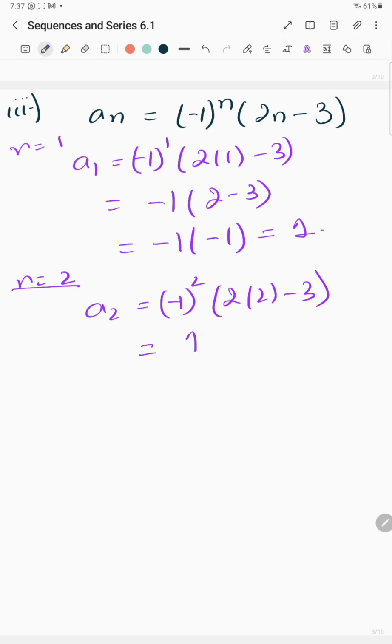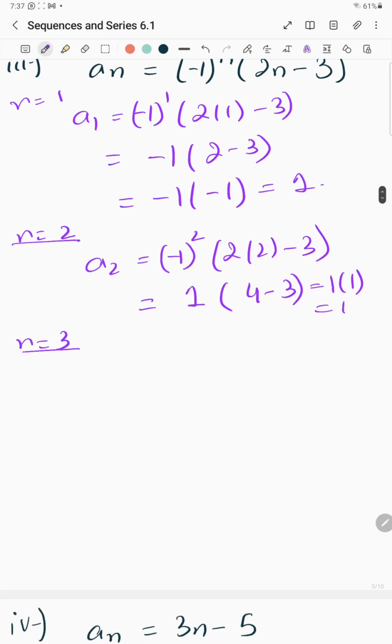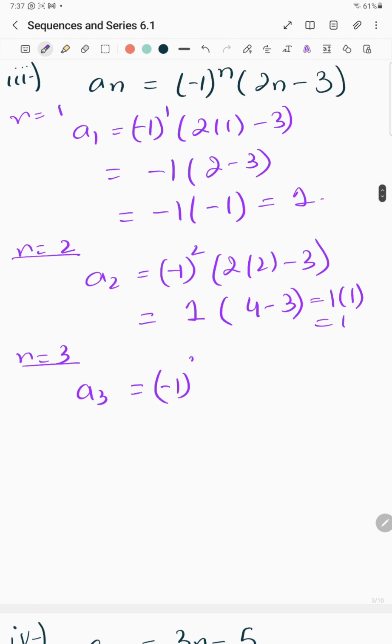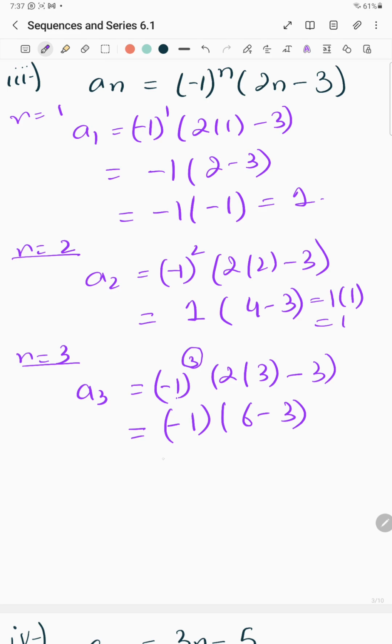For n is equal to 2, -1 square is 1. 4 minus 3, 1 into 1, which is 1. a3, which is -1 to the power 3, 2 into 3. -1 to the power 3, as I told you, -1 to the odd power would be -1. 6 minus 3, so it's going to be -1 into 3, minus 3.